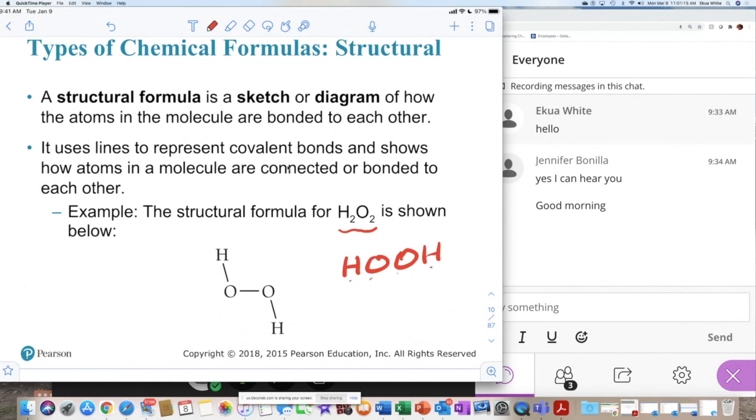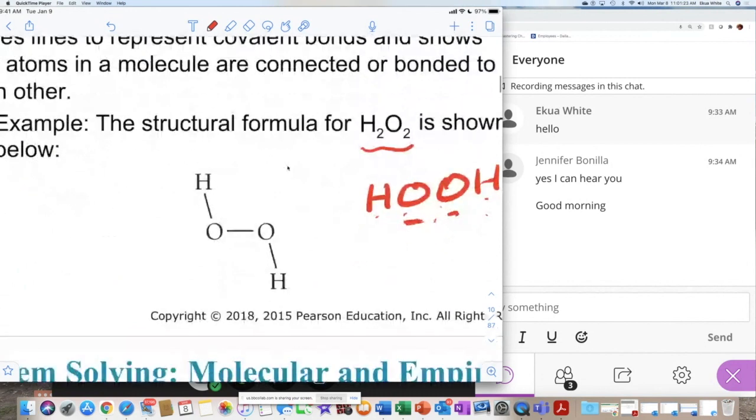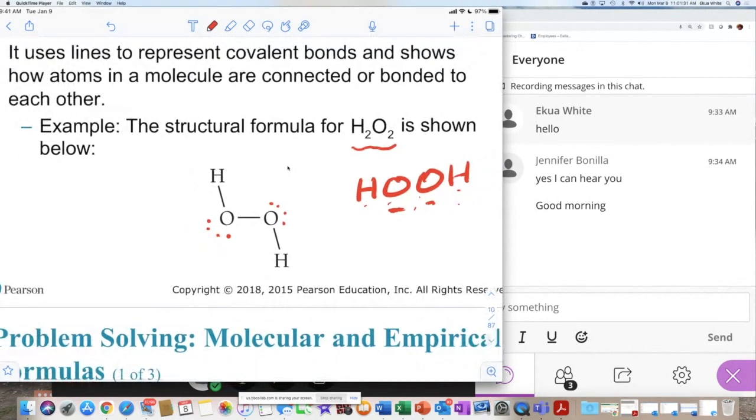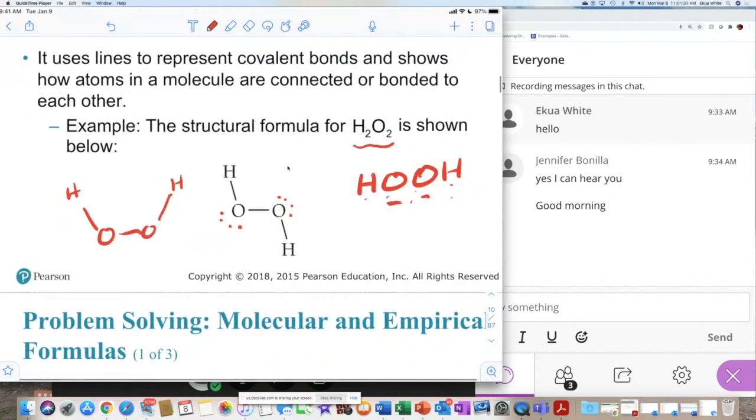When you write this formula out, make sure the oxygens are in the middle and the hydrogens are on either side. So this is actually a better structural formula. It's more like that versus like this. We'll talk about that later on, why it's like this and not like that.